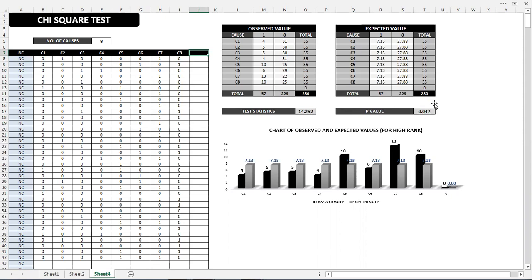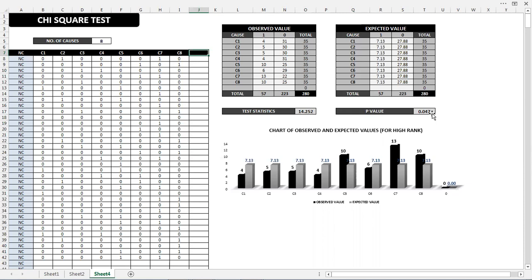Then we are going to check the p-value. What is our p-value? P-value is 0.047. In other words, 0.047 into 100 comes to 4.7% of risk we got to take to reject the null hypothesis.